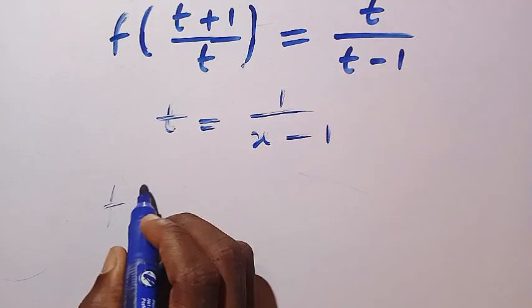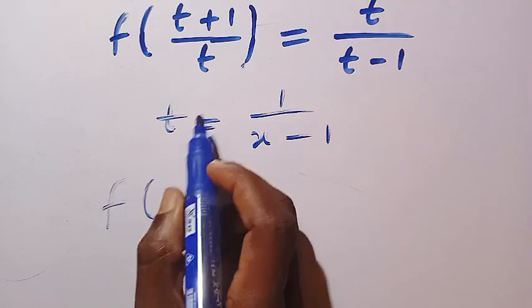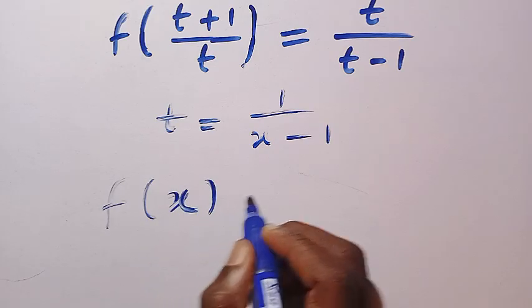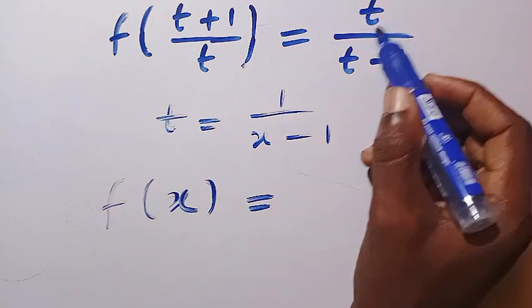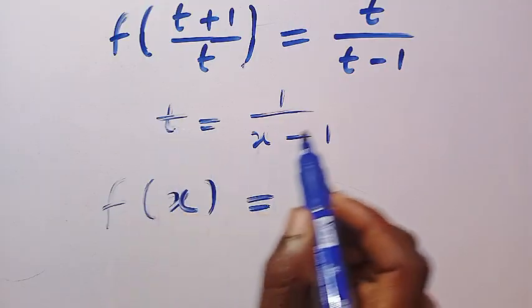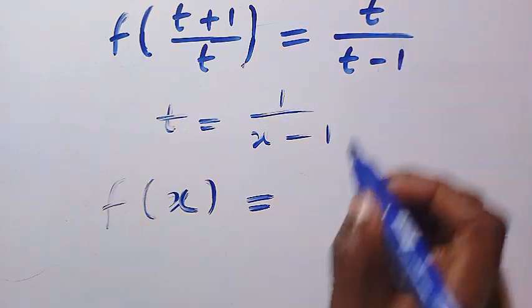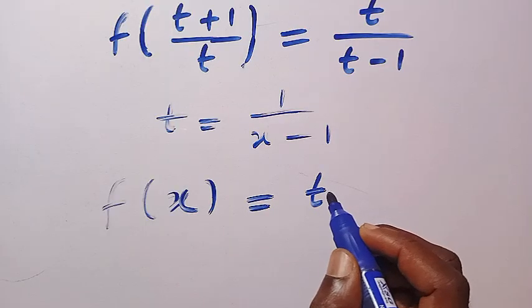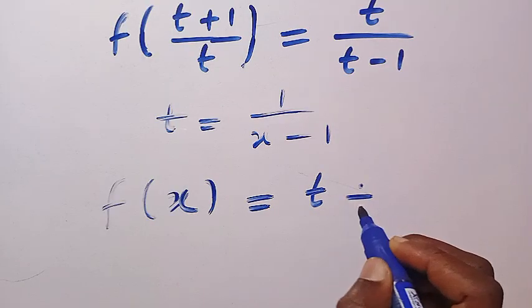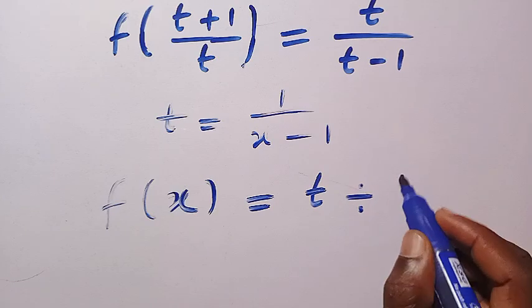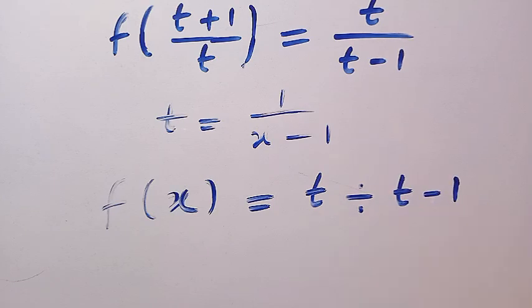Therefore, instead of f of (t plus 1 over t), we write f of x, equals, and before substituting t as 1 over (x minus 1), I want to write this as t over (t minus 1). They are still the same thing.